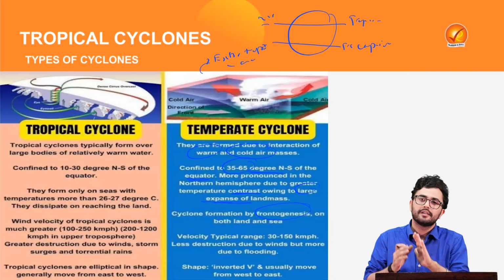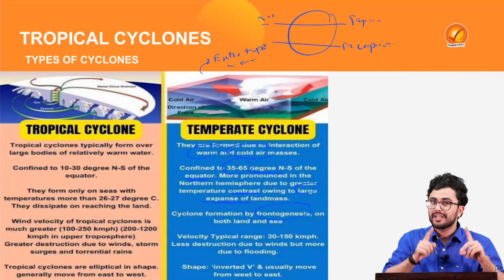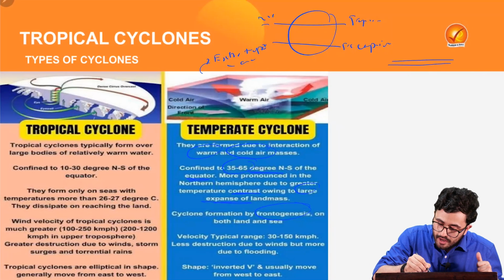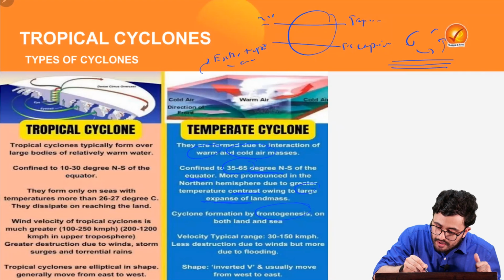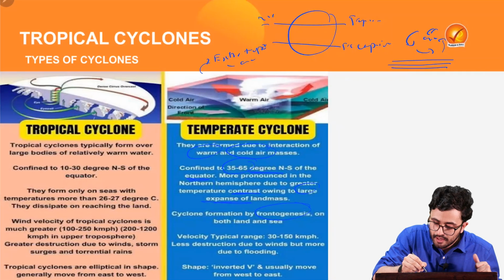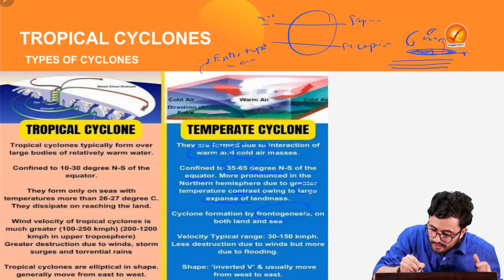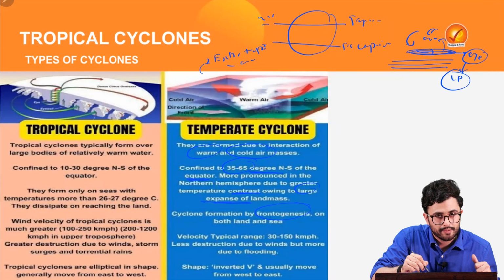In contrast, the tropical cyclones are majorly formed over and above the sea, which are characterized by the inward spiraling of the air around a center called the eye, which is a region of low pressure.